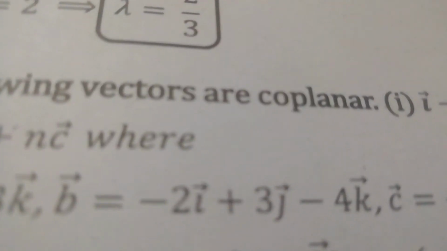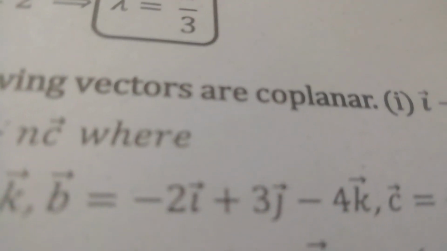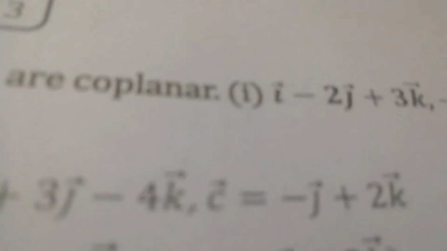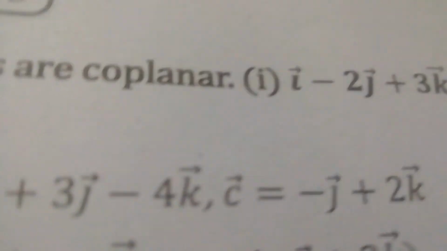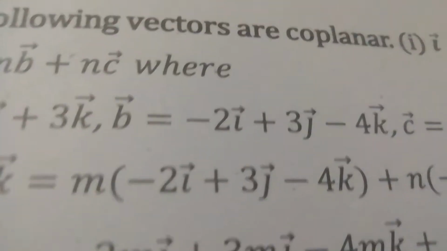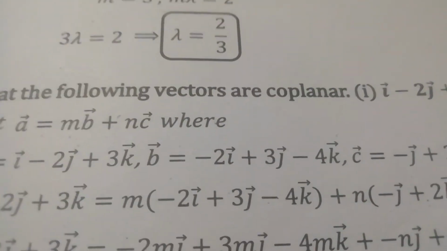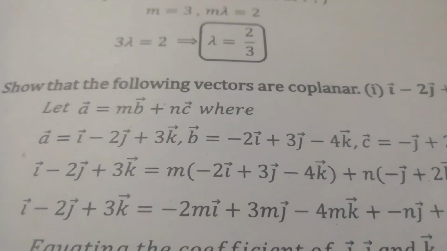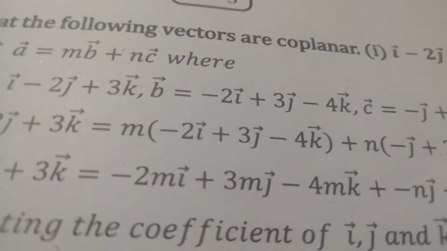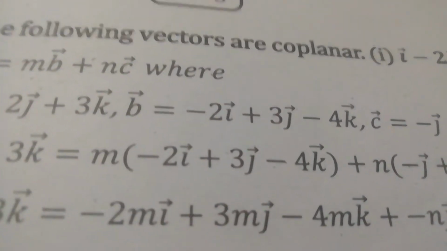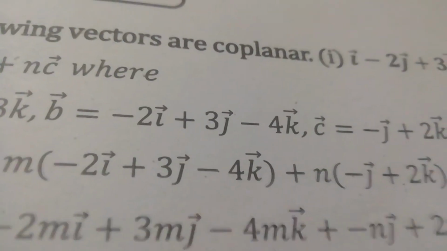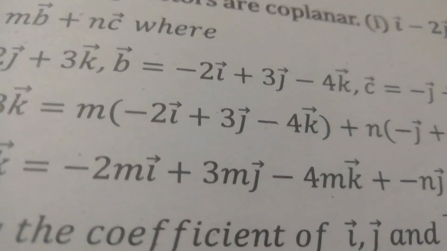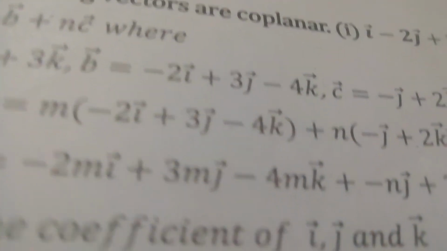The second vector, minus 2i vector plus 3j vector minus 4k vector. What is the third vector? C vector is equal to this. If we equate this, now equating the coefficients of i, j and k.